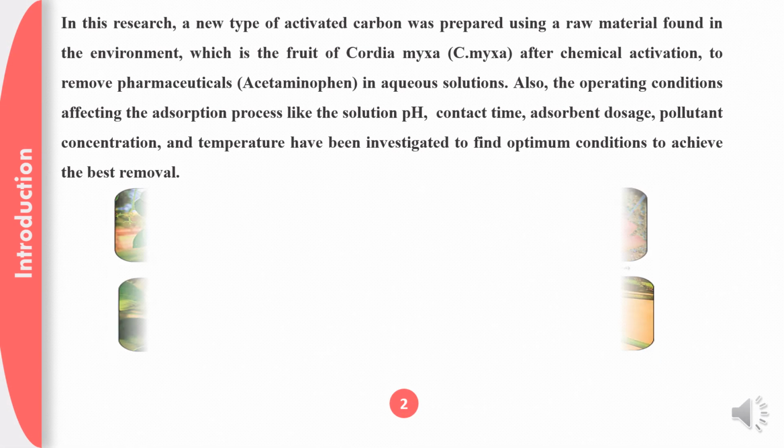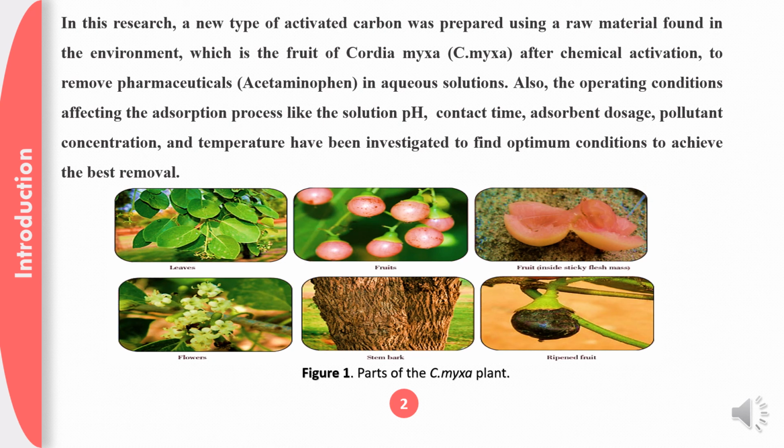In this research, a new type of activated carbon was prepared using a raw material found in the environment, which is the fruit of Cordia after chemical activation, to remove pharmaceutical acetaminophen in aqueous solution.